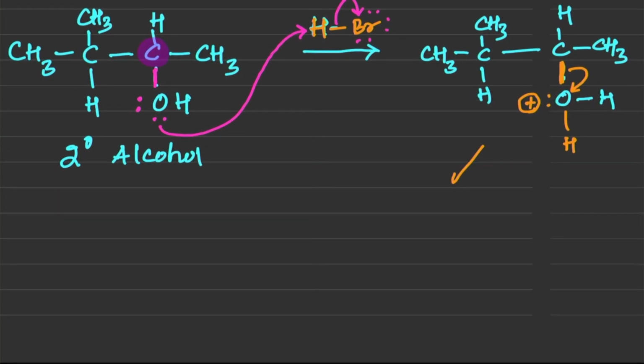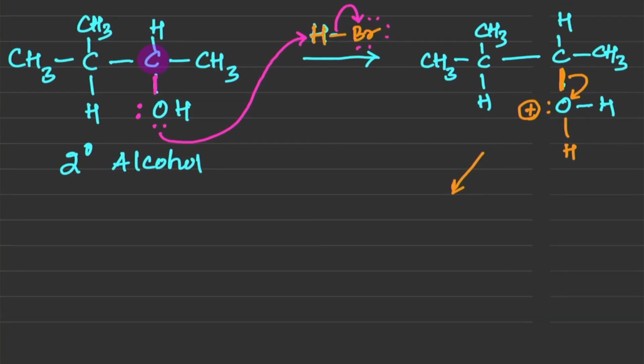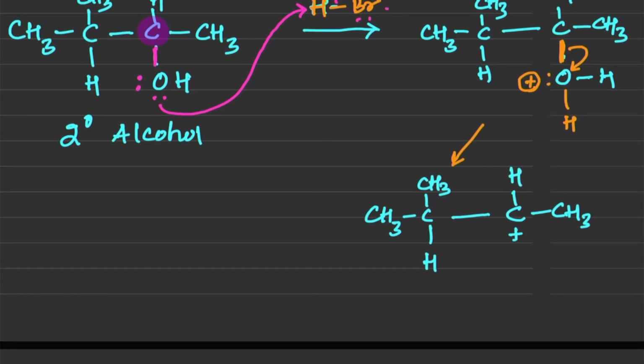Once we do that, you will end up making a carbocation, because the carbon atom does not have an octet anymore. It gave away 1 electron, so now it has a positive charge.